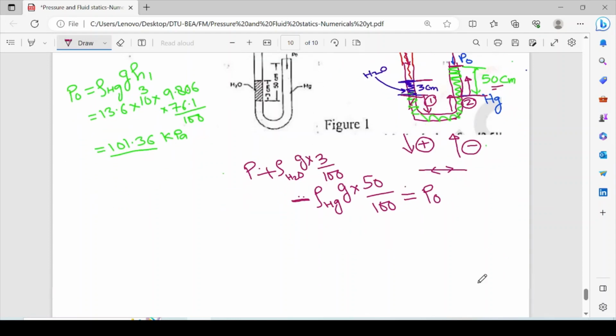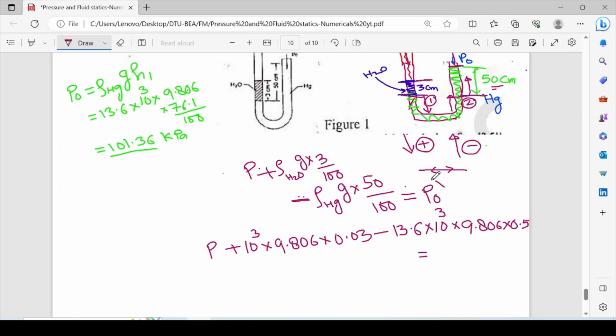After solving this equation: pressure P plus density of water, given as 1000, that is 10^3, and g given in the question, 9.806, times 0.03, minus density of mercury 13.6 × 10^3 times g, 9.806, times 0.5, is equal to the atmospheric pressure.